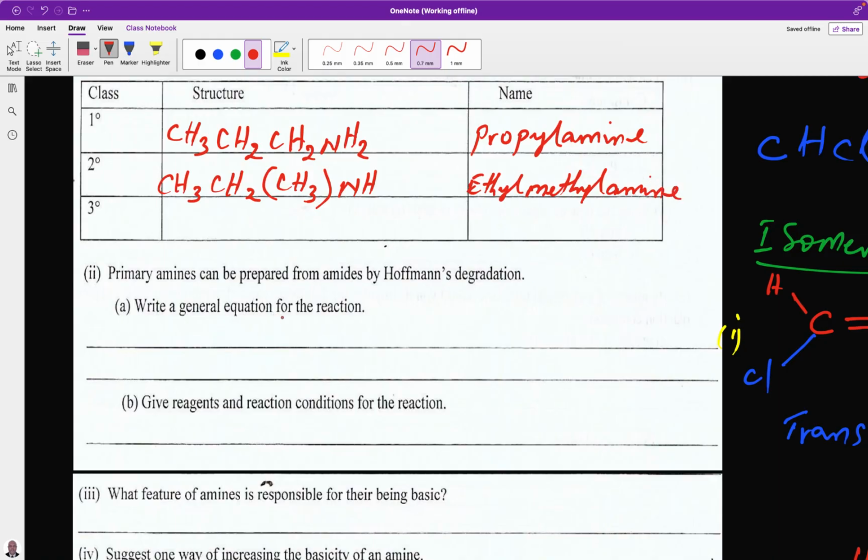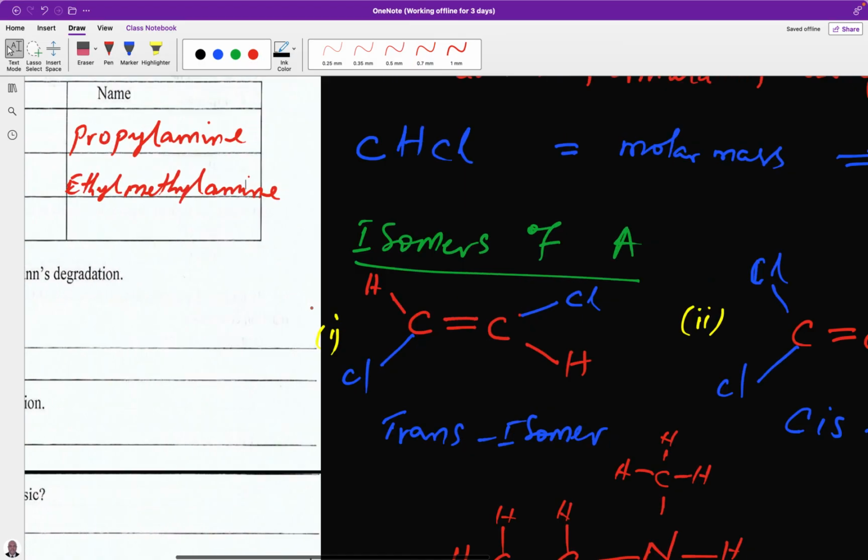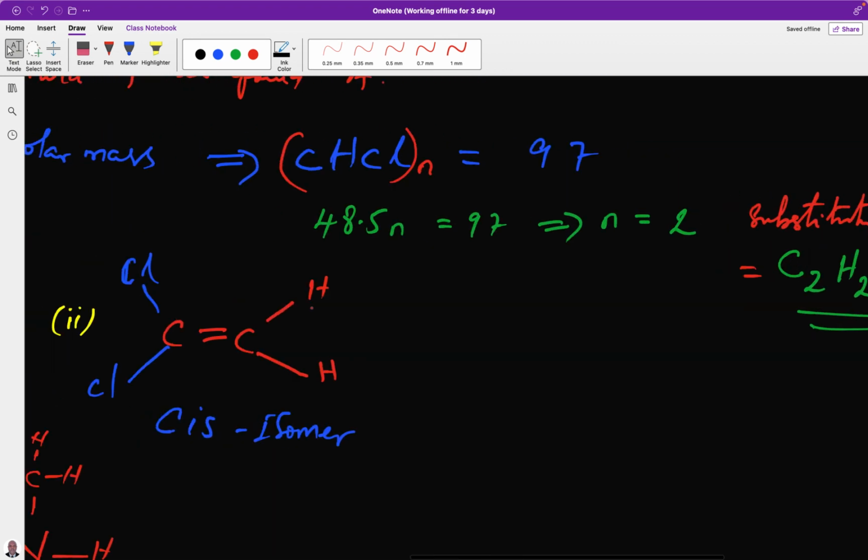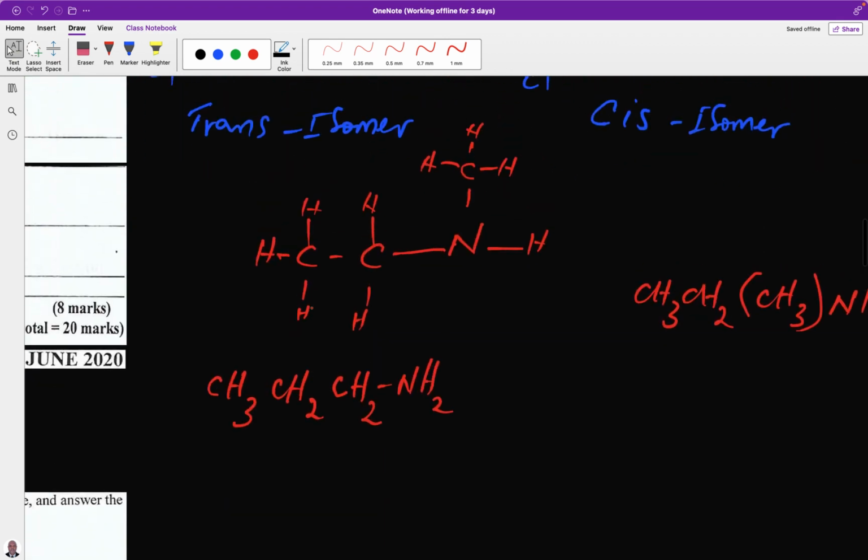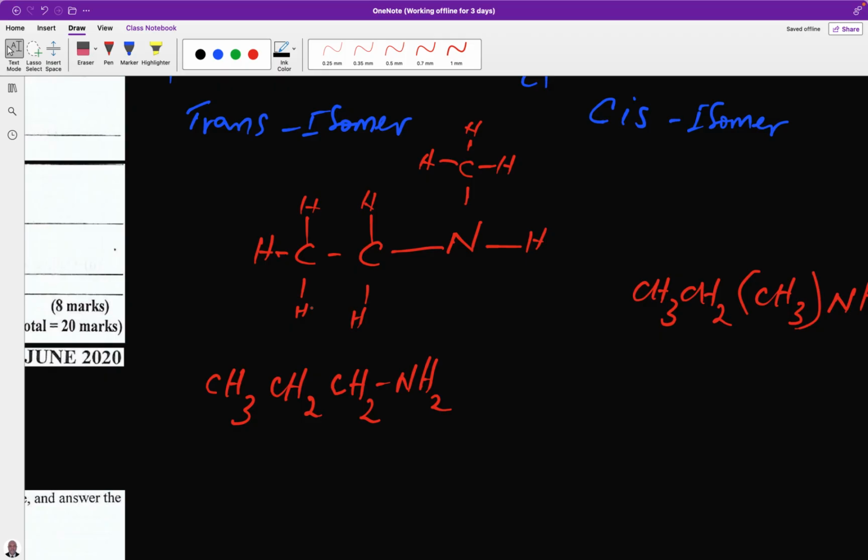Ethyl methylamine. So now, let's say we want to substitute the last hydrogen so that we can have a tertiary amine. What we will do is this: we are going to substitute all with methyl groups. So now this will be a methyl group.